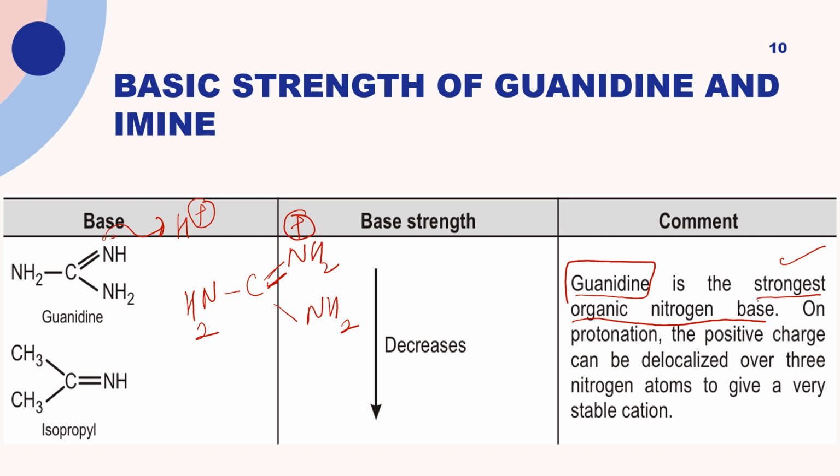Now this positive charge can delocalize on these three nitrogen atoms: first, second and this third. So this positive charge can delocalize over three nitrogen atoms. That's why we can say it is very stable. So guanidine is the strongest organic nitrogen base. So it is more basic than the isopropyl group.